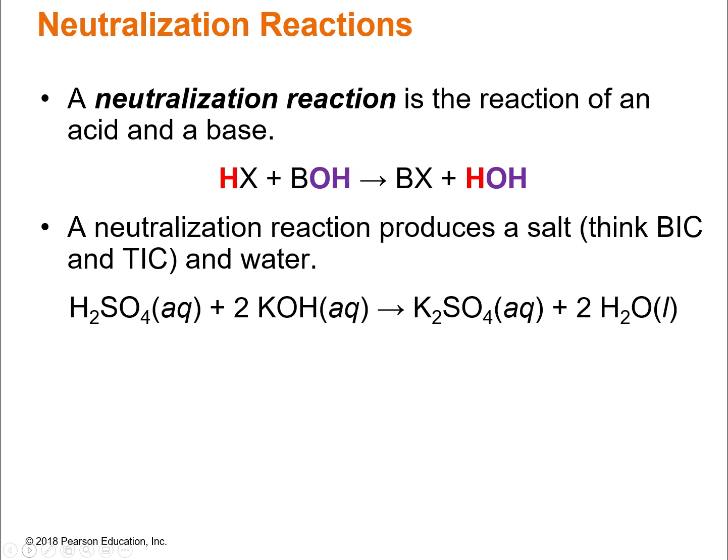The last reaction type is neutralization. And that's when you have an acid and a base mixed together, and you make a salt and water. The acid is always going to have a hydrogen first. And we should know that from our binary acids and our ternary oxyacids. Always see the hydrogen first. But we haven't talked about bases. The base is going to be a metal with a hydroxide, which is OH. And when you combine those two, you make water.